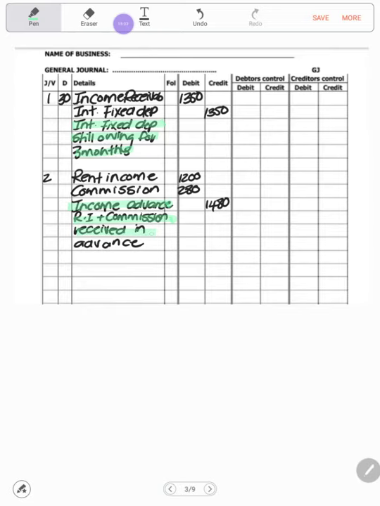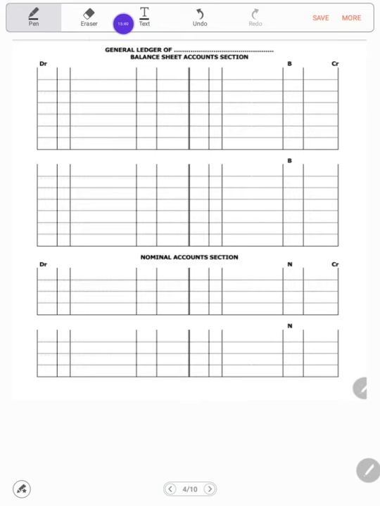Nice and easy. Now we're moving on to our general ledger. Now remember that the balance sheet consists of your liabilities, your assets, and your owner's equity. Owner's equity being two only, which is your capital and your drawings.